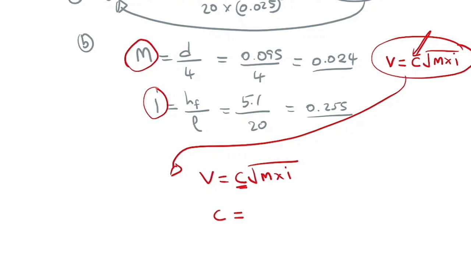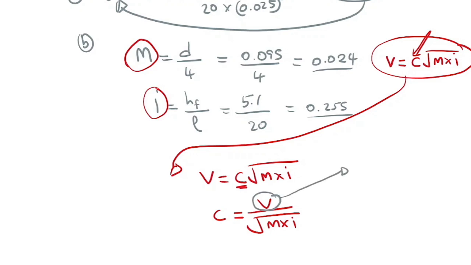C is equal to V divided by the square root of M times I. But before you substitute here, remember you don't have the velocity. You have to find the velocity first.